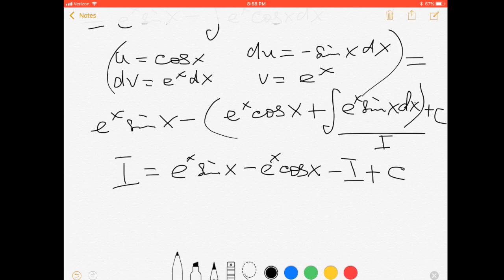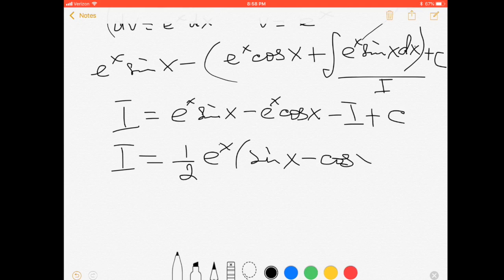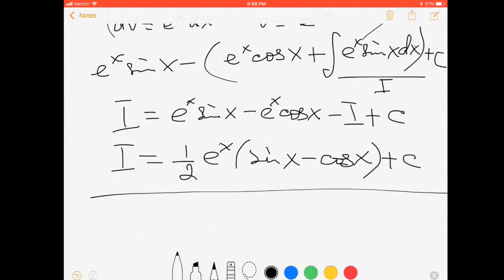But now it means I have a linear equation for my integral. Great. It means I can find it. This means I equals 1/2 e to the x times sine x minus cosine x plus c. We did it.